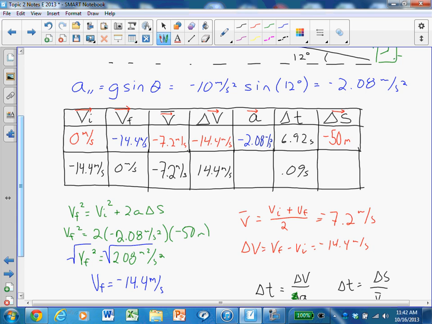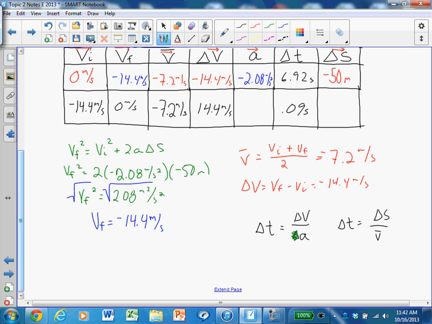Delta V is VF minus VI, where VF is 0 minus a minus 14.4. That gives us a plus 14.4 meters per second. That would make sense: if we were at minus 14.4 and we go to 0, the change is plus 14.4.